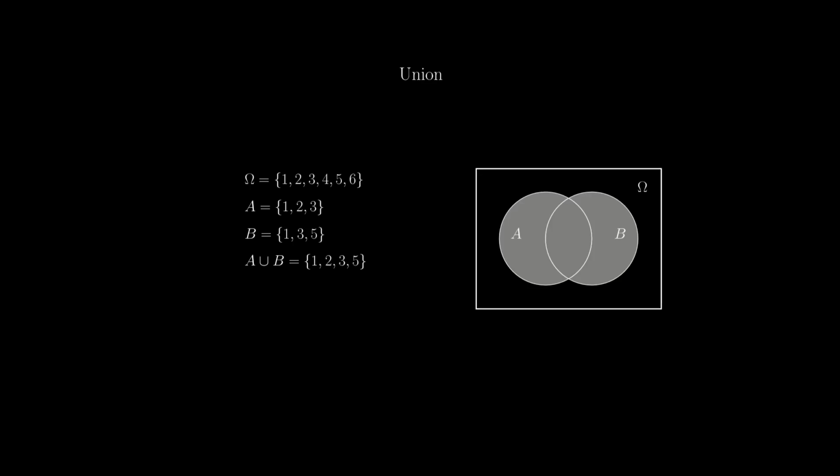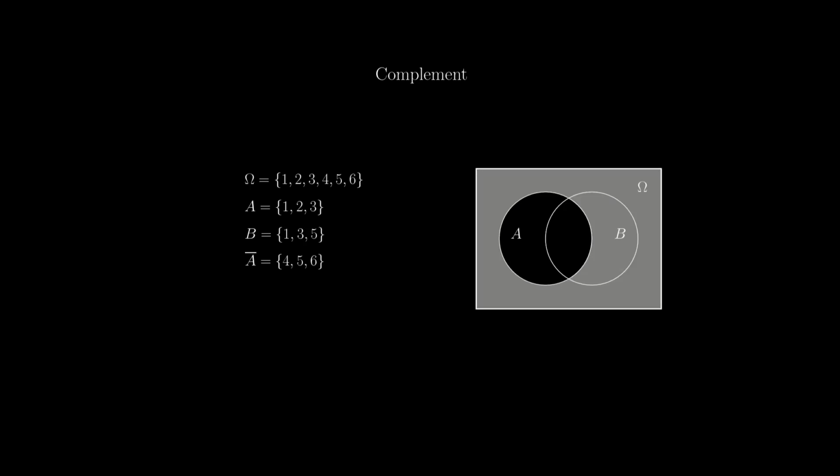Similarly, the event either A or B happen can be represented as a union of sets. Also, the complement is applicable to events just like to any other sets.